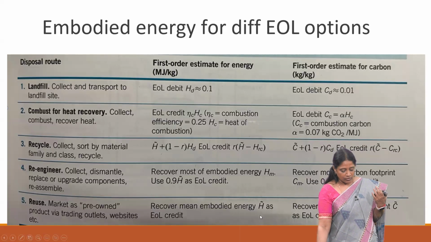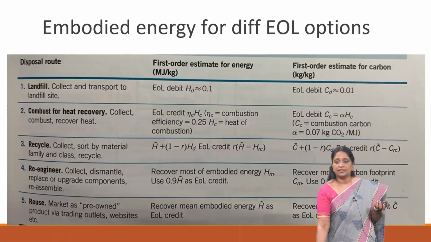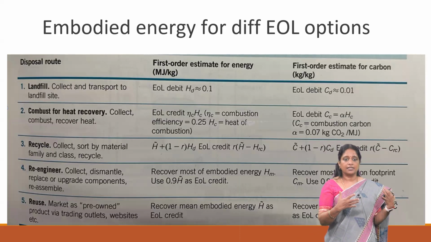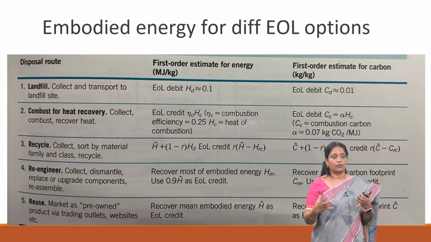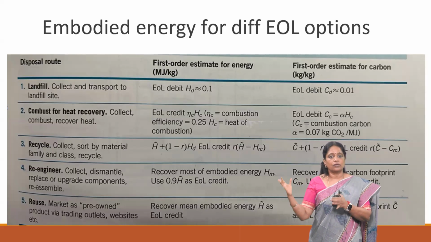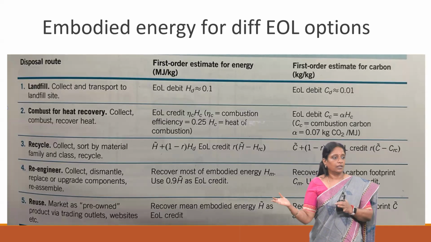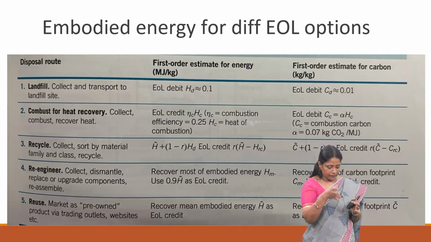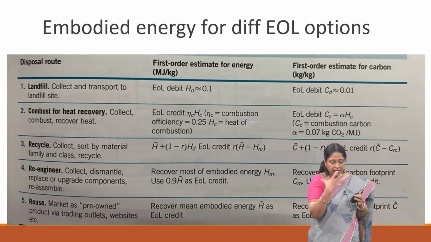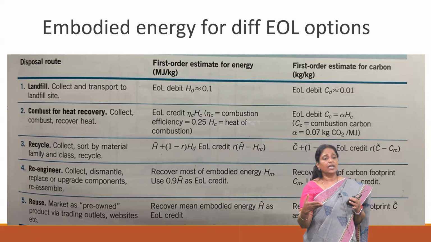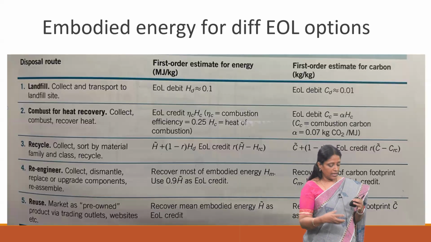But then when it comes to reuse, what happens? Entire embodied energy goes into the next cycle. So if you're looking at a series of lives of the product, you can see how much is getting carried on to the next life of the product and why each of these end of life options are getting more value added as you go down.